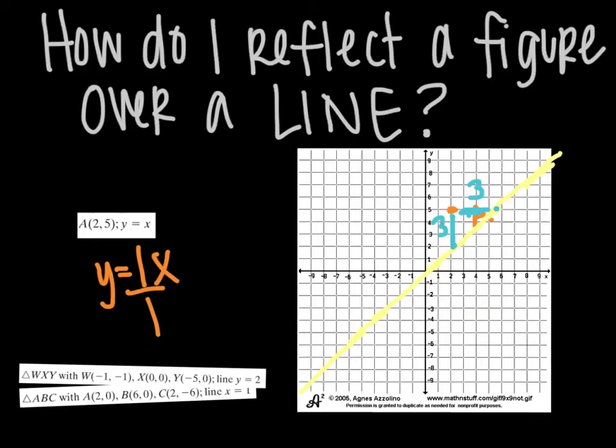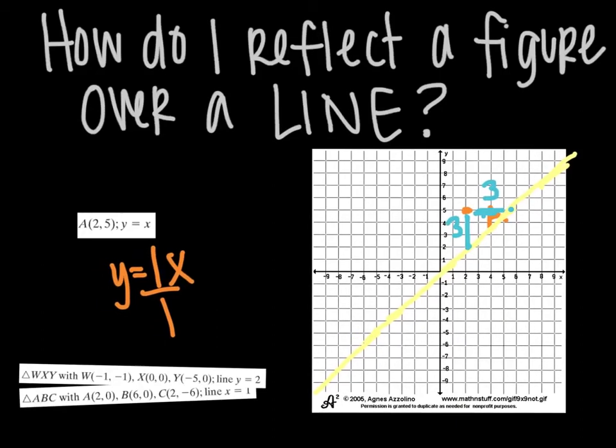I'm going to go over 1, 2, 3, and then I'll be going 1, 2, 3. It's a little hard to tell because my marker is kind of fat, but the point ends up here, A prime, which is the point 5, 2.